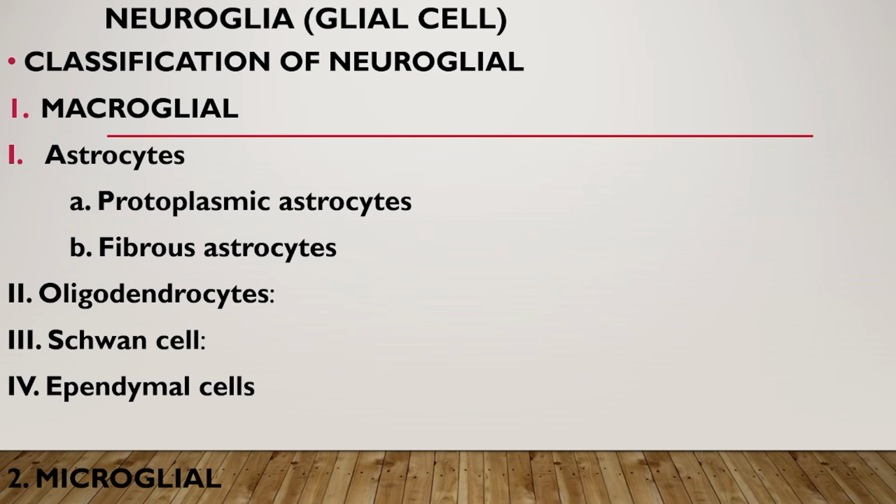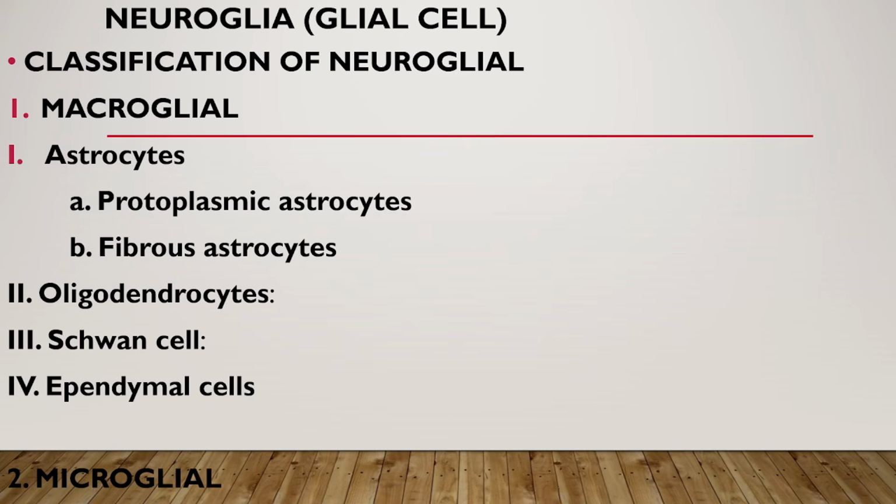Then we have the second type of macroglia, called the oligodendrocyte. They are the ones that produce myelin sheath in the CNS, and they speed up signal transmission. Then we have the Schwann cells, which produce myelin sheath in the PNS.